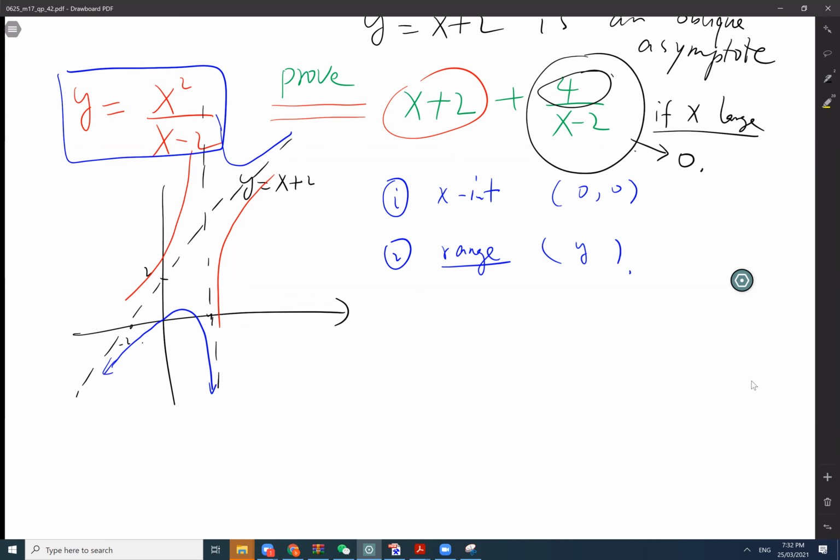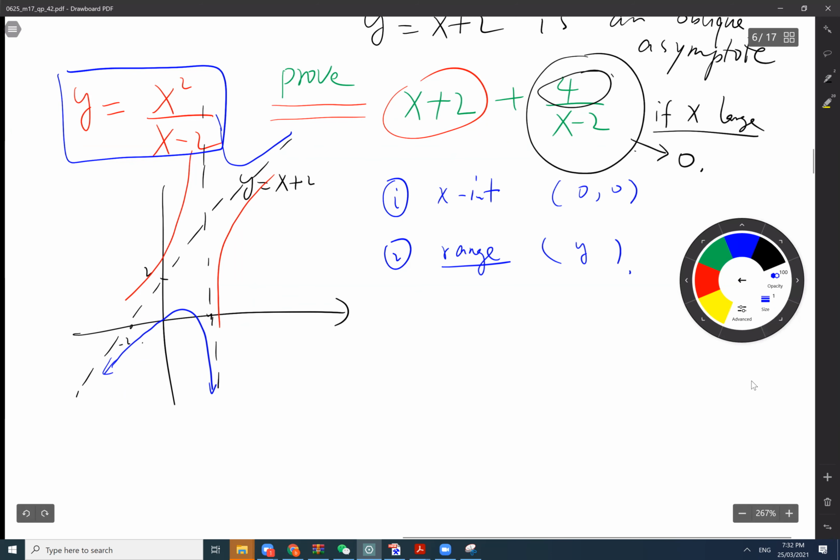So the question is very, very important. The y value is always above this point. y is always bigger than or equal to some value, or y is always less than or equal to another value.